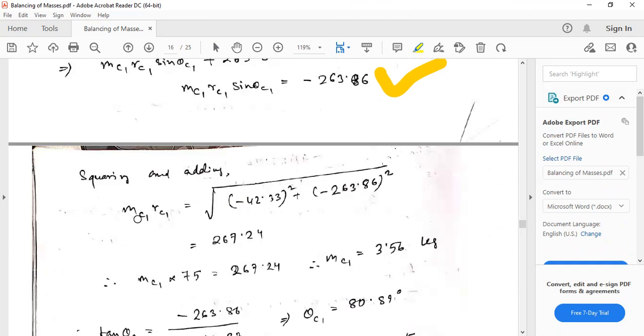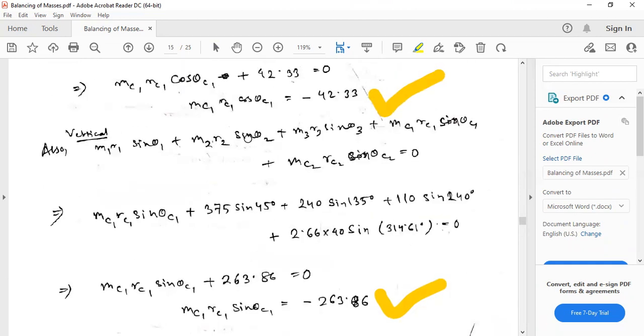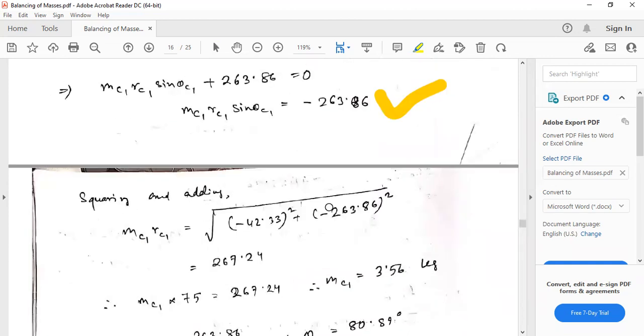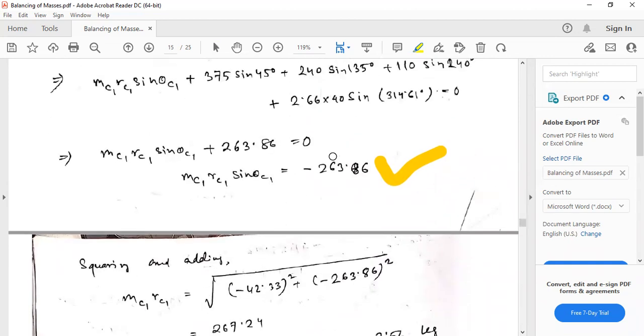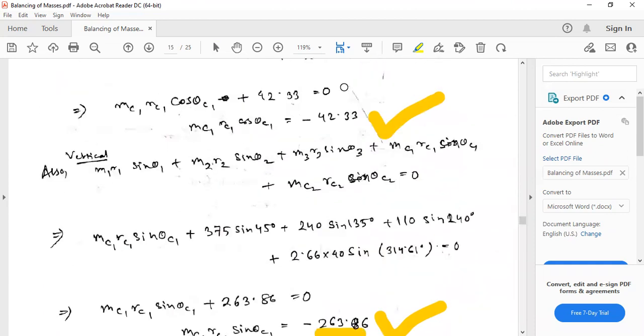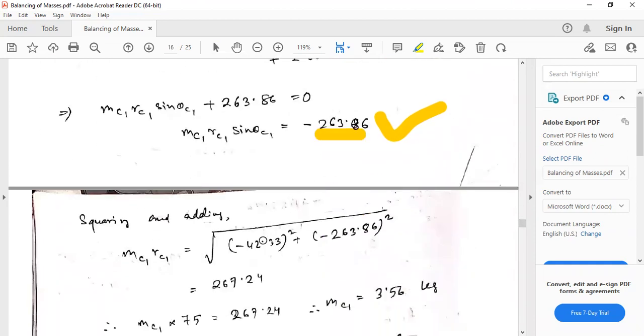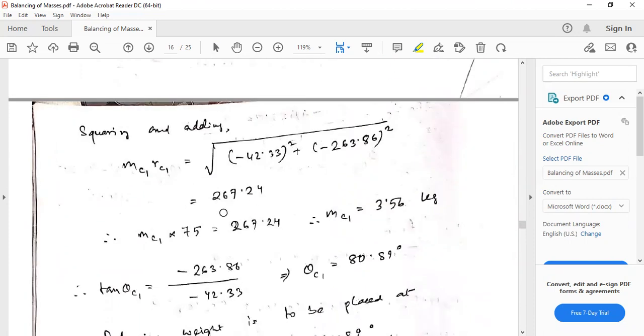So that will leave MC1 RC1 only, equal to the root of the sum of these two squares. The negative sign will become positive because of squaring, and we have MC1 RC1 as this.